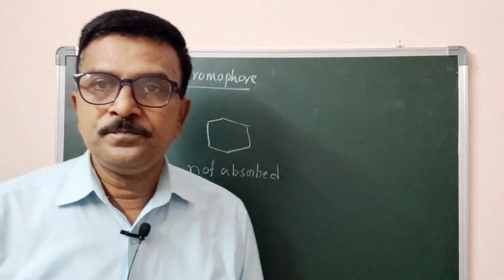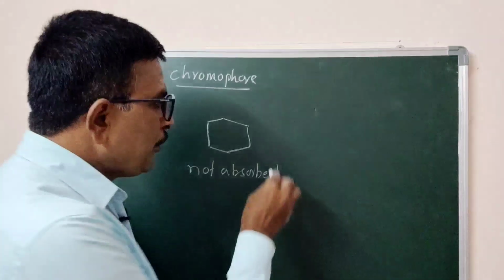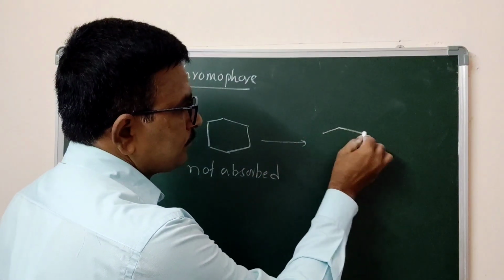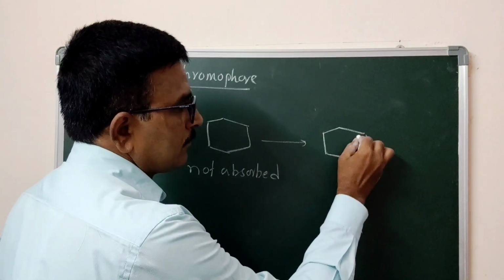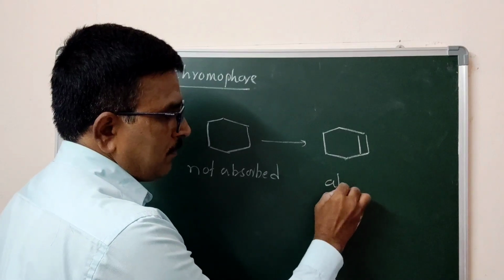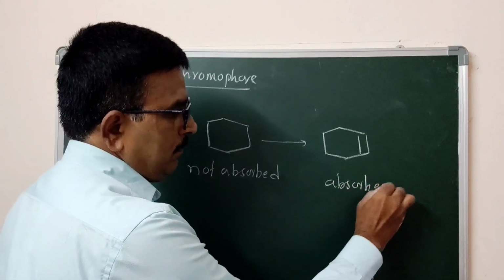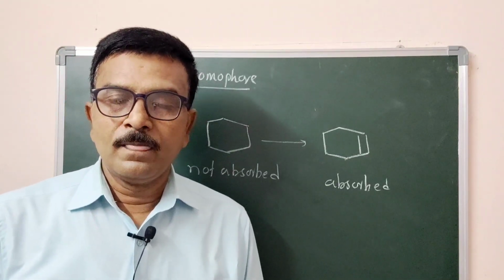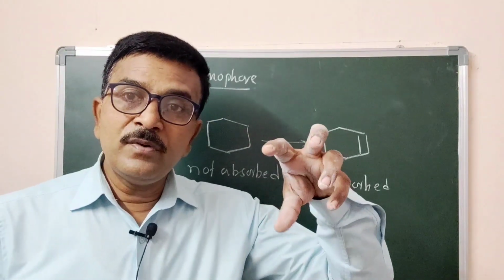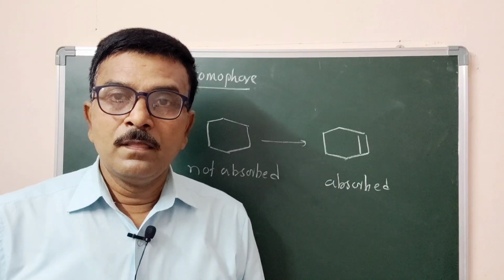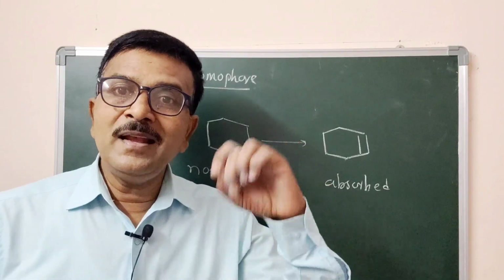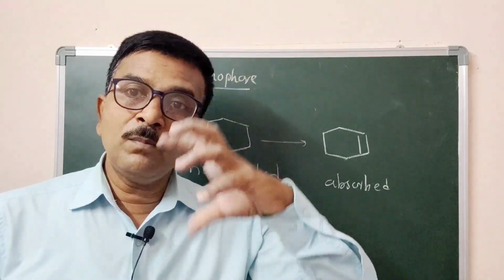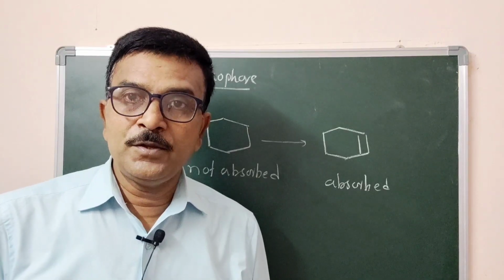When we introduce one double bond, it is absorbed. What happens? The introduction of the double bond is mainly responsible to absorb ultraviolet energy by the molecule.